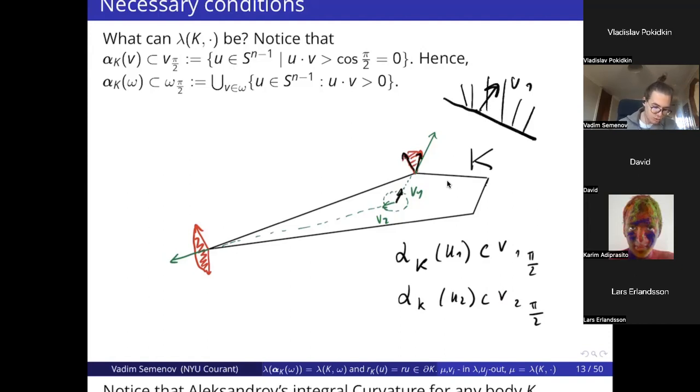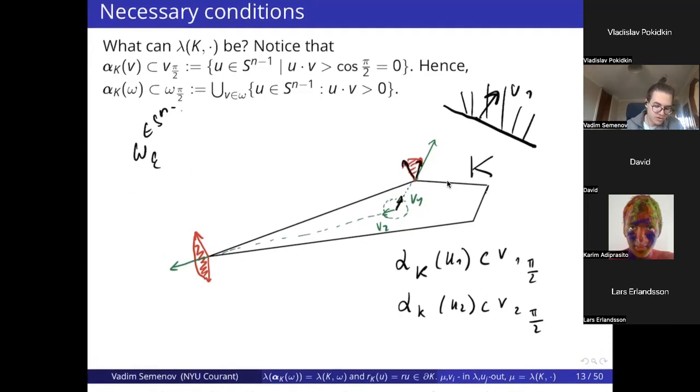So I will use a bit of notation. Omega epsilon is going to be an epsilon fattening of omega on the sphere. If you take, for example, a vector v with pi over 2, it's exactly the hemisphere and everything on one side of the hemisphere. If you take v epsilon, then it's going to be a vector, and you just take an epsilon neighborhood of this.